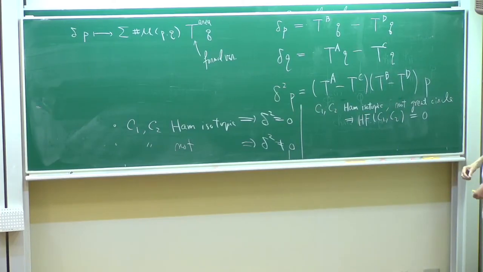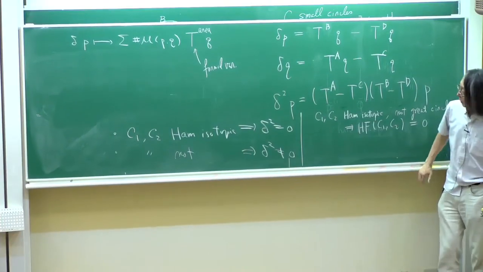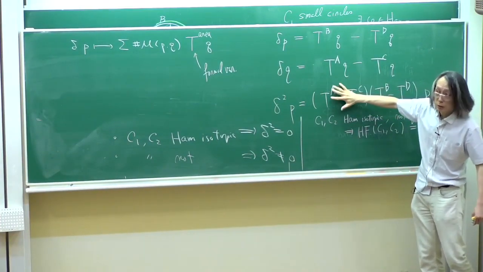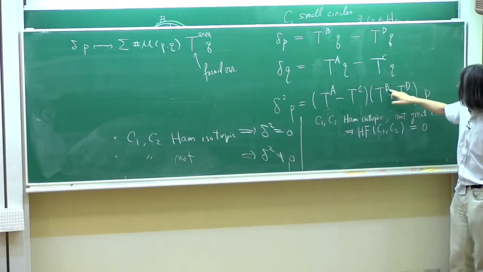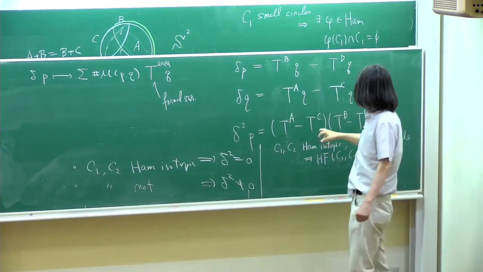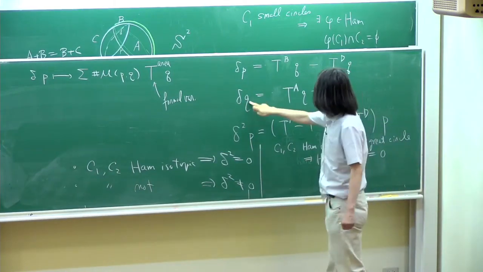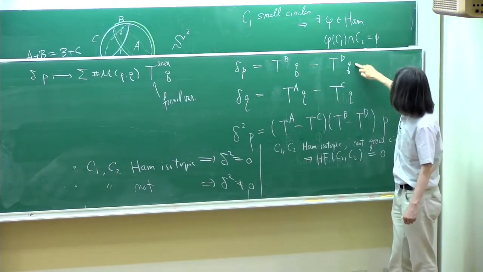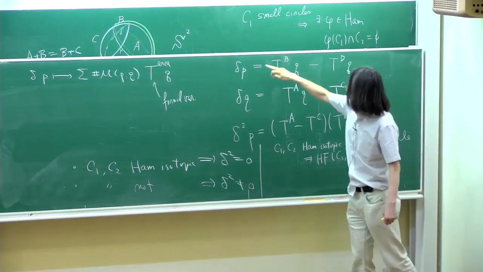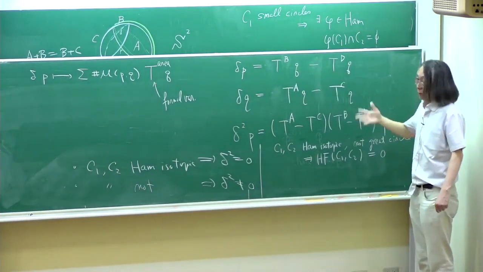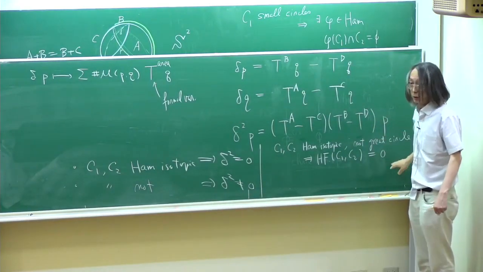So why is that the case? Because in such a case, A and C are equal, so therefore this one is 0. But B and D are not equal. So even though Q is killed by the boundary operator, Q is hit by some constant times P. So therefore, the cohomology vanishes.